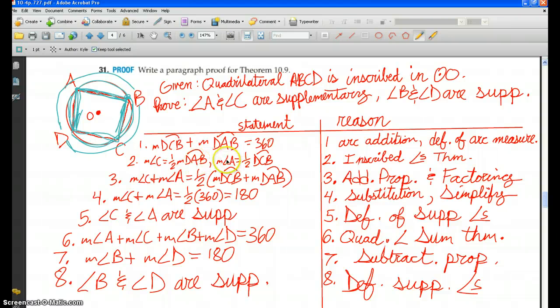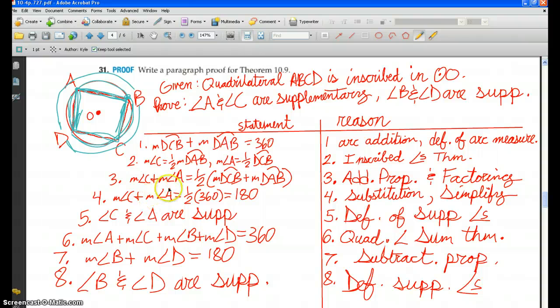So the measure of angle C plus the measure of angle A is equal to, and then I factored out the 1/2 from this and the 1/2 from this. So I get half times the quantity DCB plus DAB. So I used the addition property and factoring in that step.